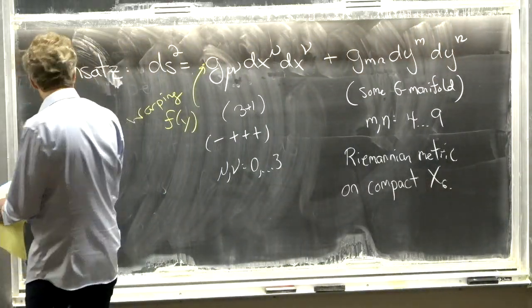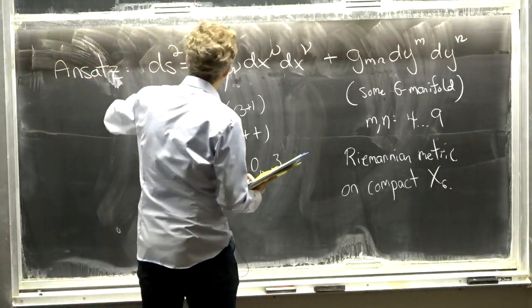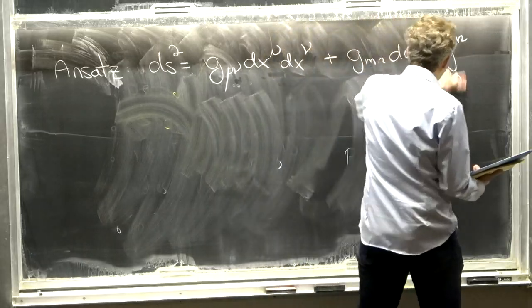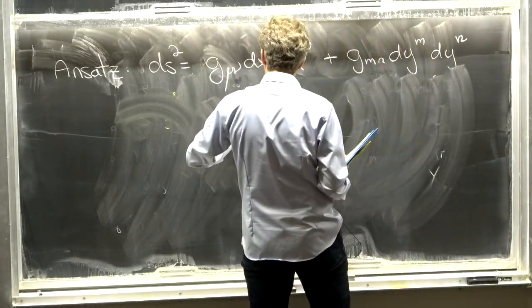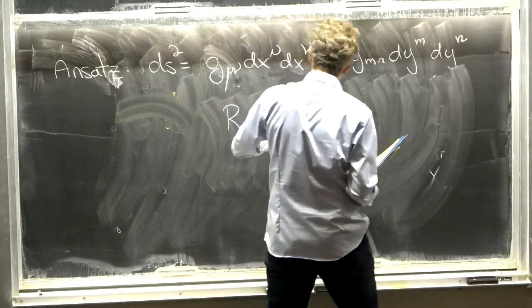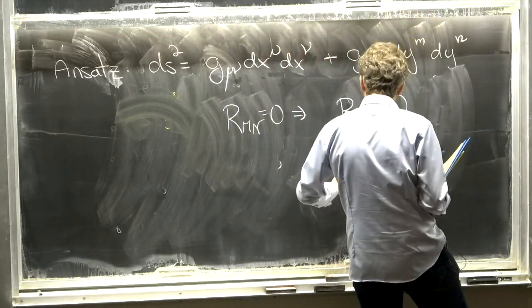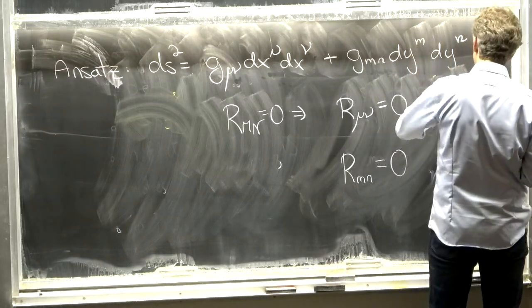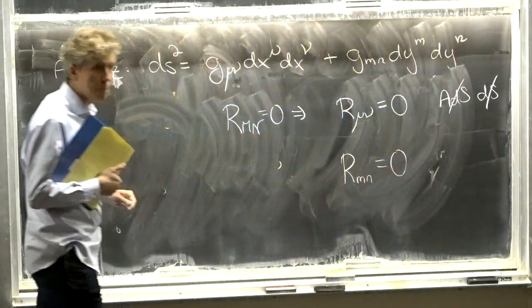Okay, so the vacuum Einstein equation for this ansatz is pretty straightforward. We've already written it. It's that R_MN is 0, and R_MN has 2 pieces. So R_MN equals 0 implies R_mu nu equals 0, and R_mn equals 0. The first of these tells us that AdS and dS are just out, right?